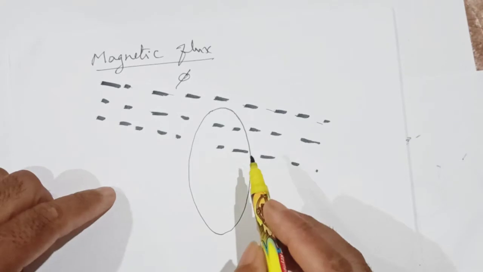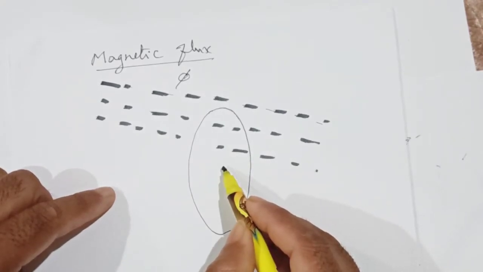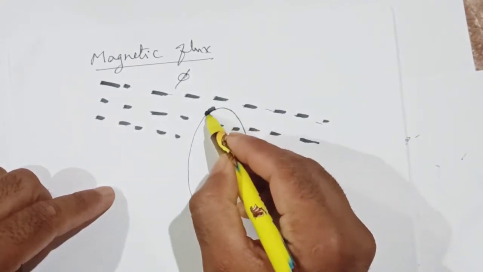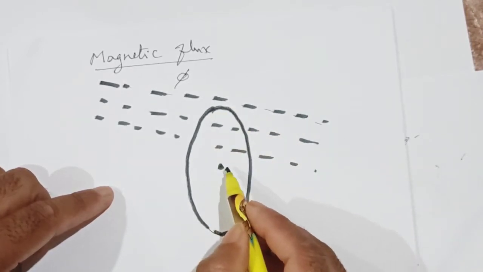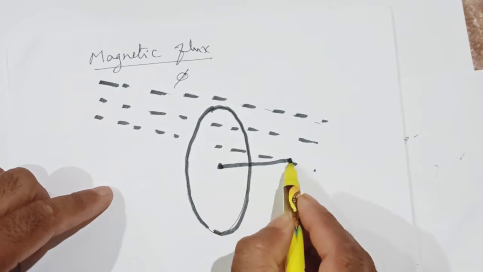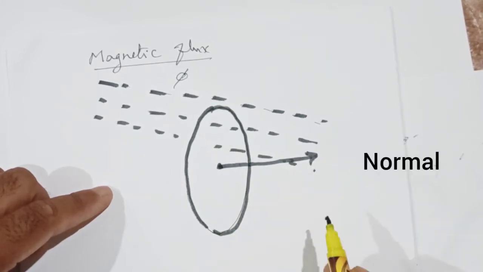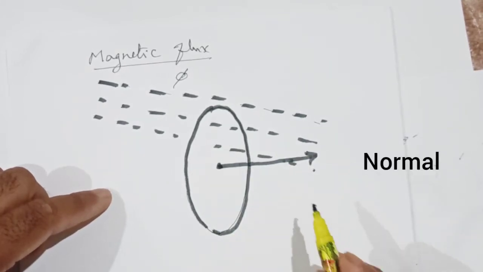Before that, we always draw the normal, as I have said before. If this is a plate, we write the normal perpendicular to the plate. This is the normal.